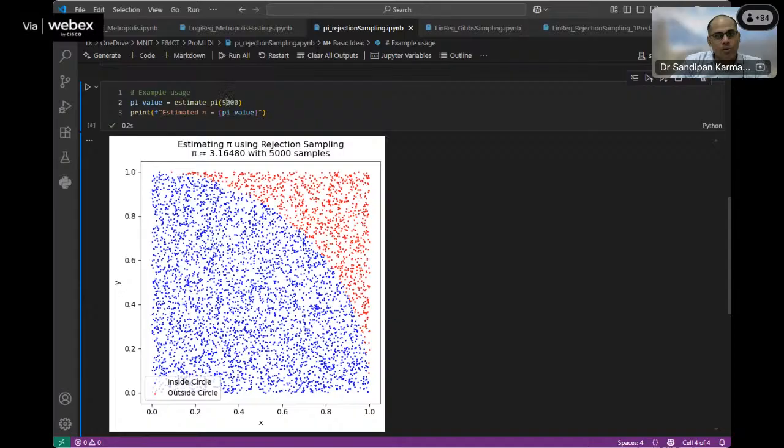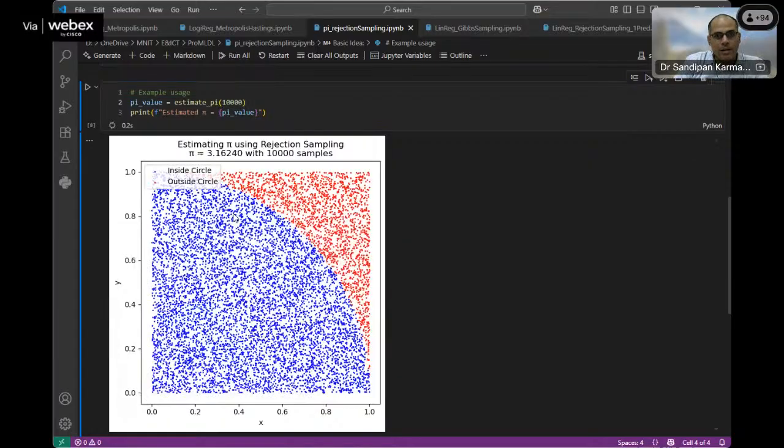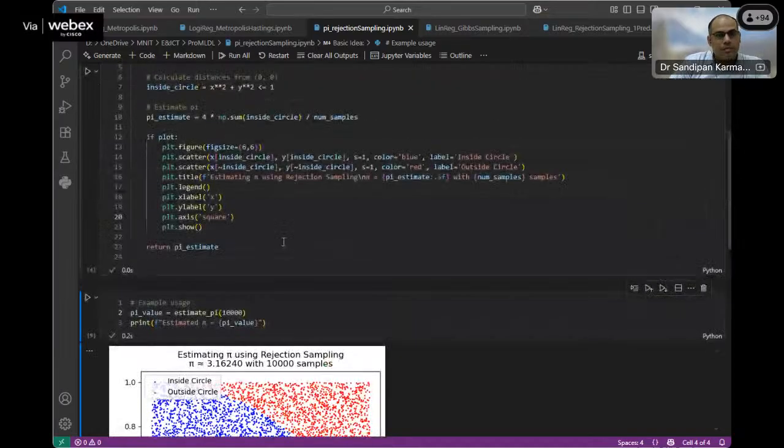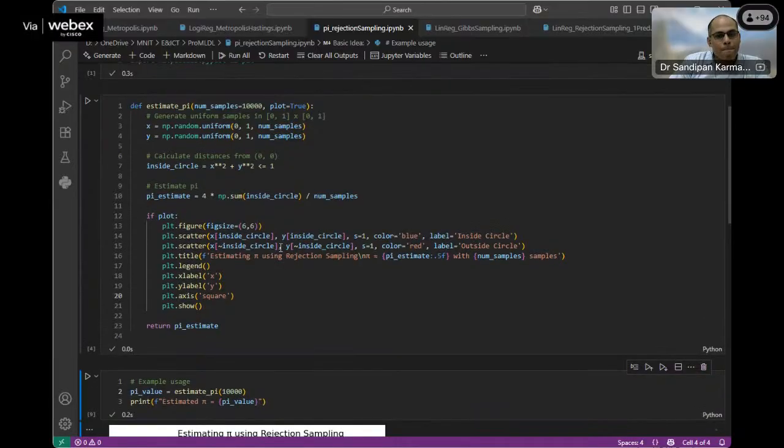Now in place of 5000, I am taking 10,000, and with 10,000 it is coming as 3.16 again, a little bit higher than 3.14. Is it okay?